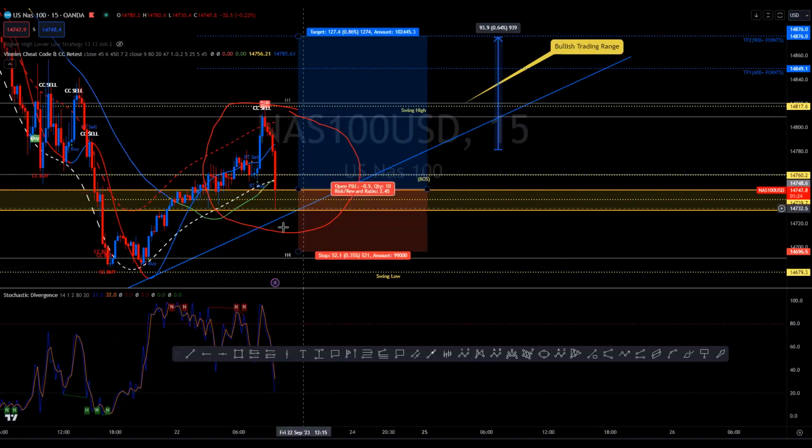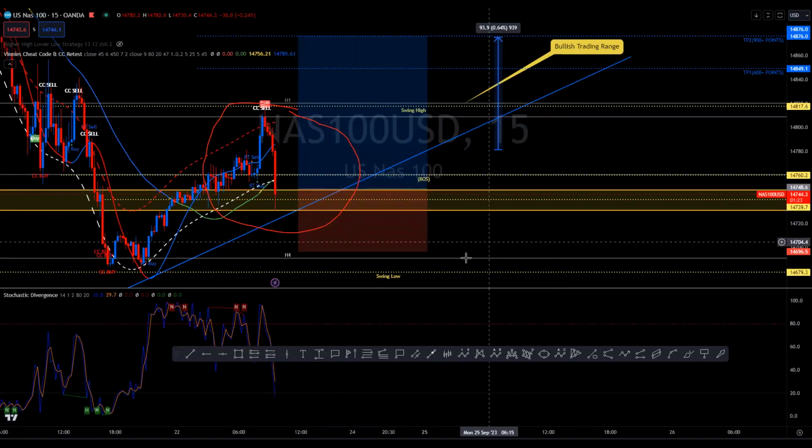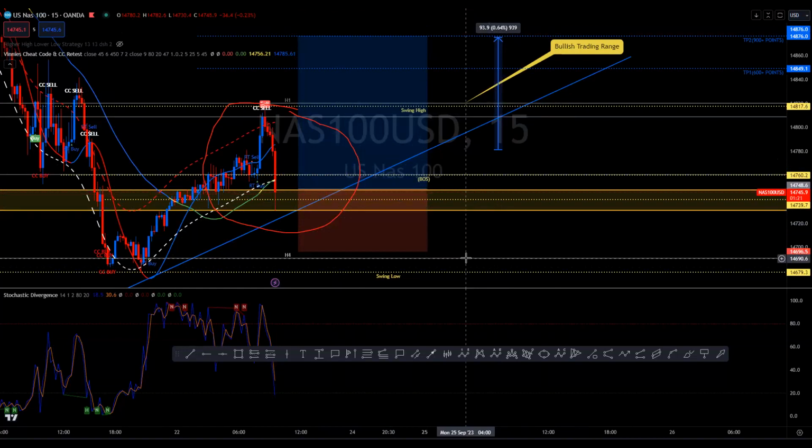Now, if it continues to sell down, I might take a sell. But I think the price is going to reject the ceiling and look back up some.